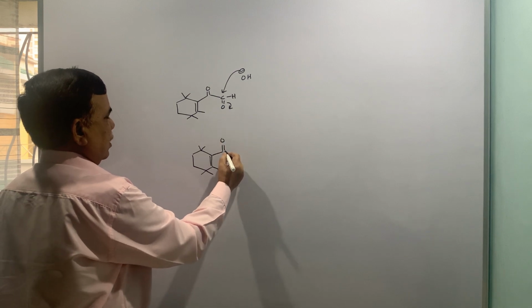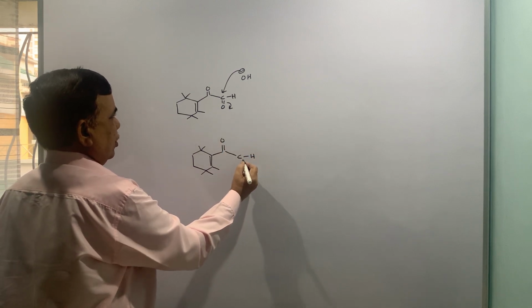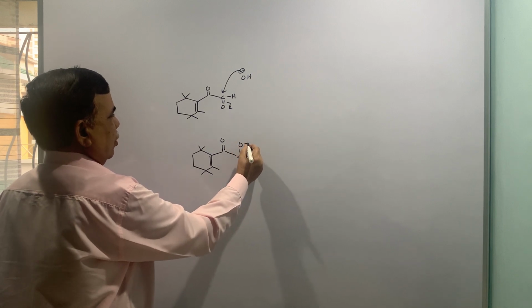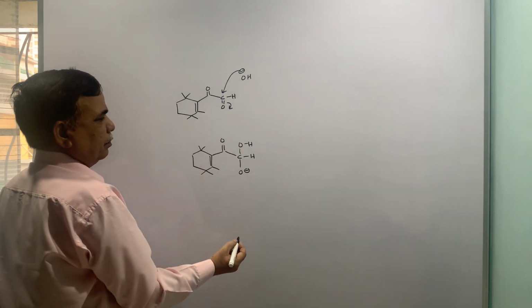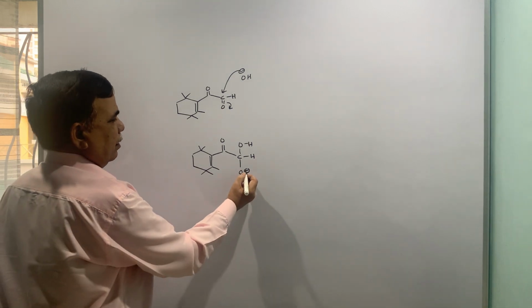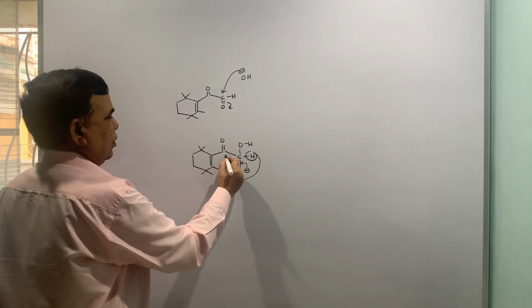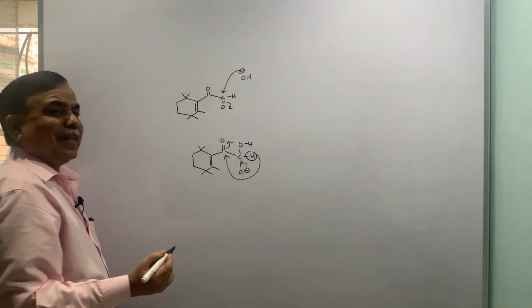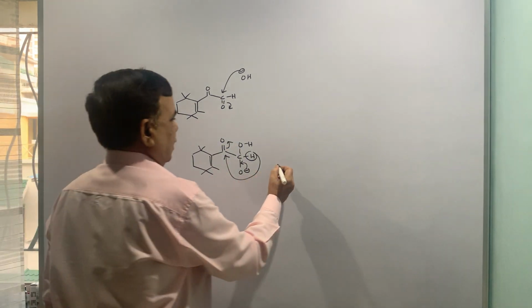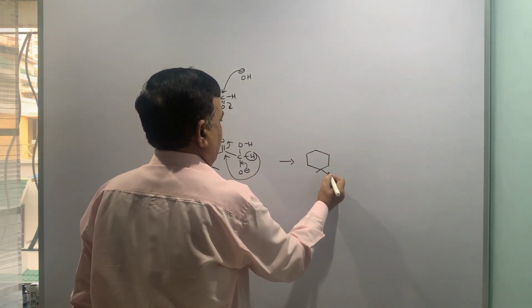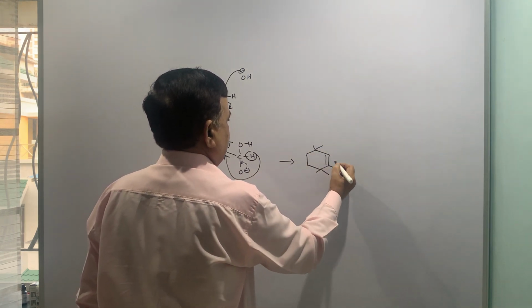Now, this is carbonyl, the CHO, minus OH, and then when this comes back, this hydrogen is transferred as hydride, and this becomes your disproportionation product.